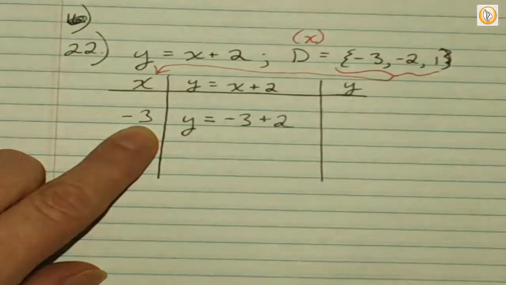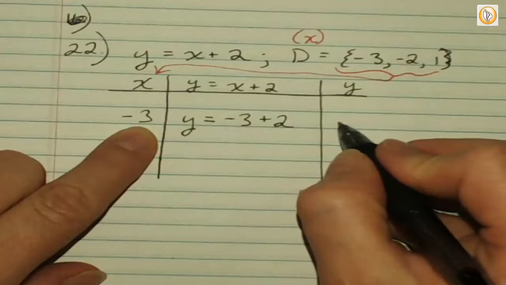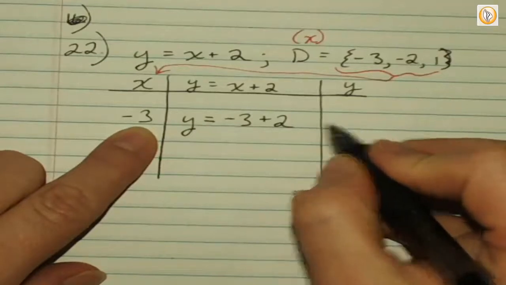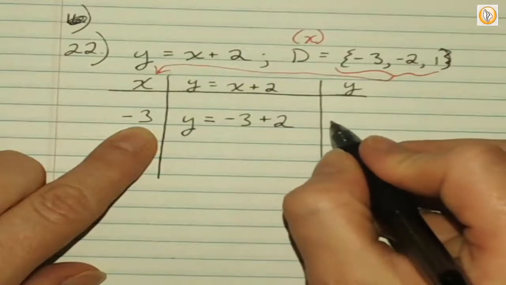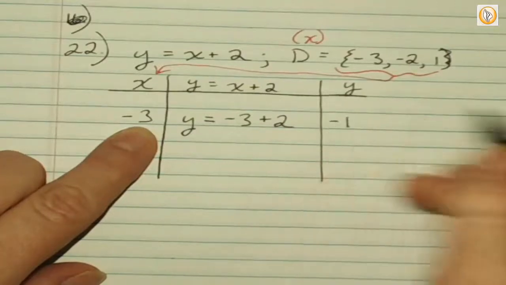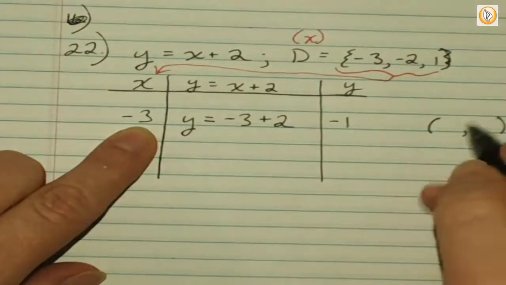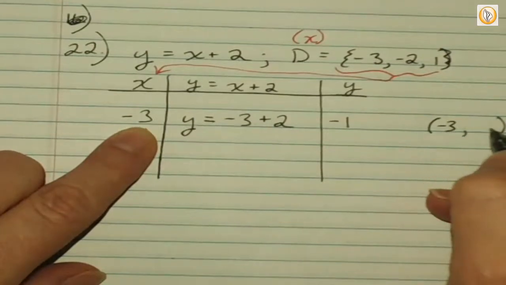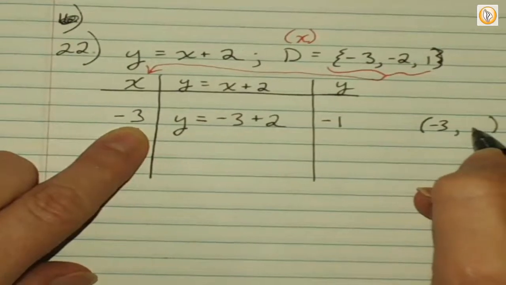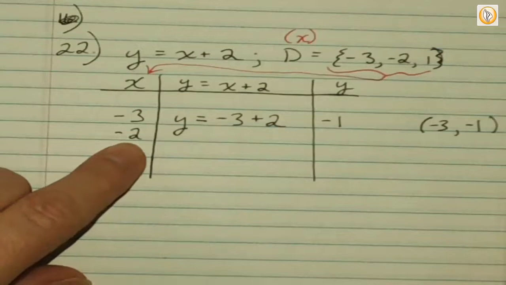Does everyone see that? Whit, do you see that now? Yes, ma'am. Okay, so Whit, what's my Y? -3 plus 2 is? -1. Very good. So then Whit, what's my first ordered pair? -3 and -1. Very good.